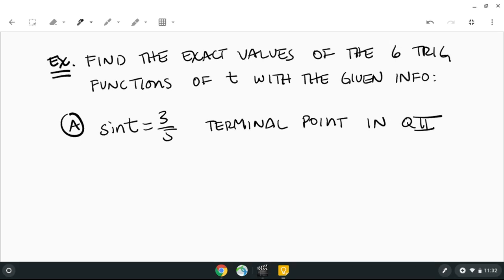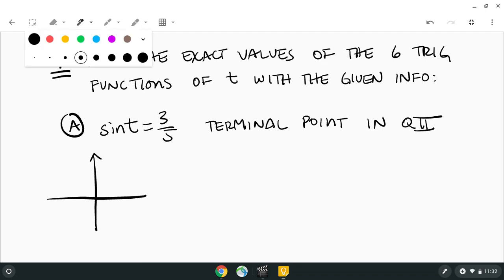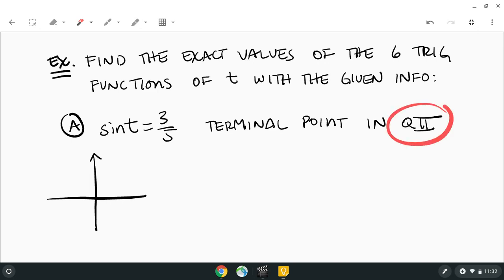So this is all you're given. I would suggest you draw these because it's very helpful to figure out signs. So you're in quadrant 2, and let me write these down. This is important that you're in quadrant 2.